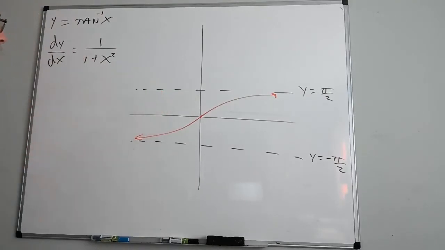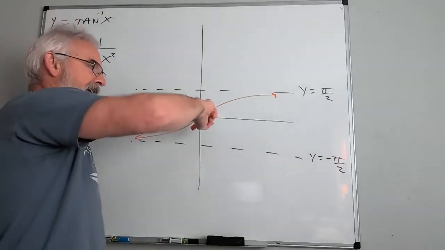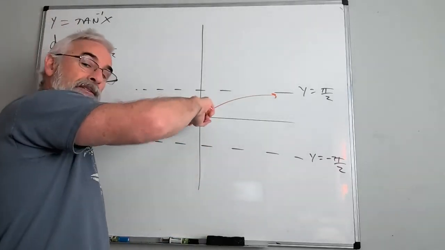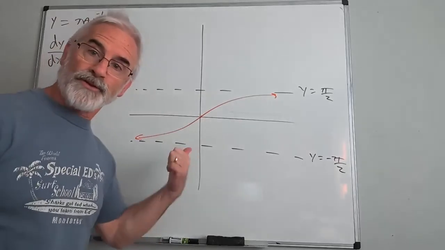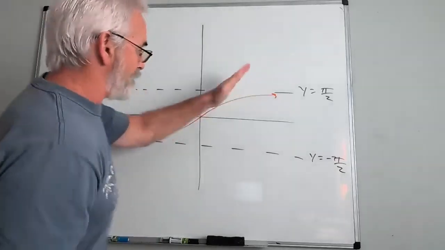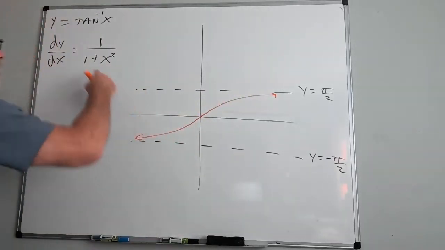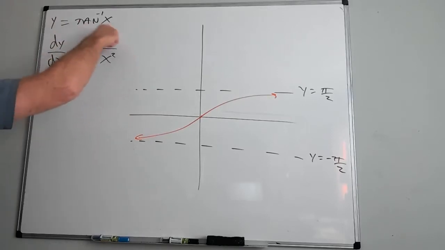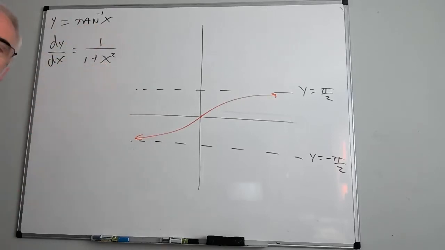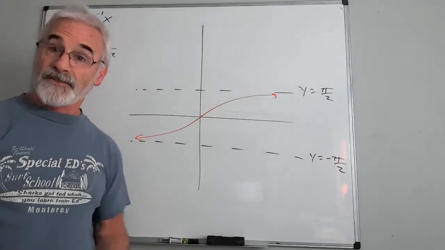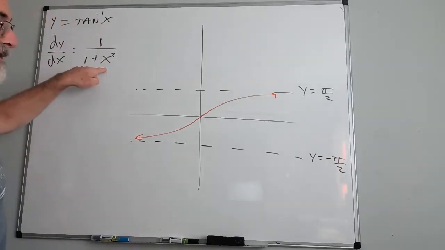Now, when is the slope the steepest for the inverse tan? Well, the tangent lines are steepest right at the origin, because they clearly flatten out this way and they flatten out this way. Notice this is going to be its biggest when x is 0. That makes sense. When x is 0, 1 over 1 plus x squared will be its largest.